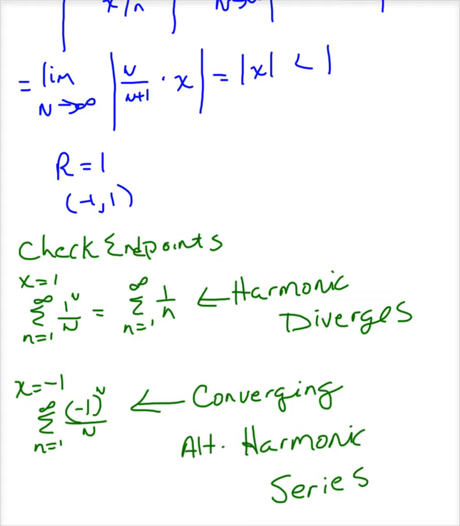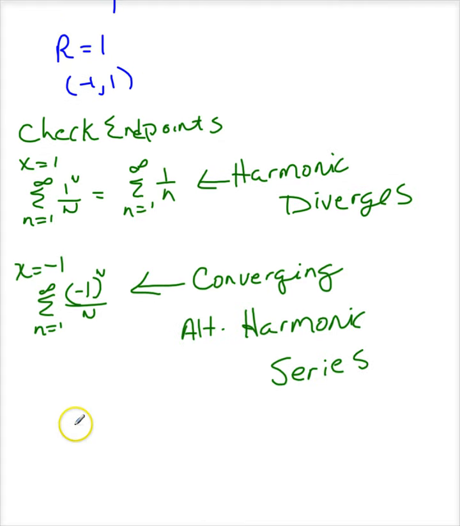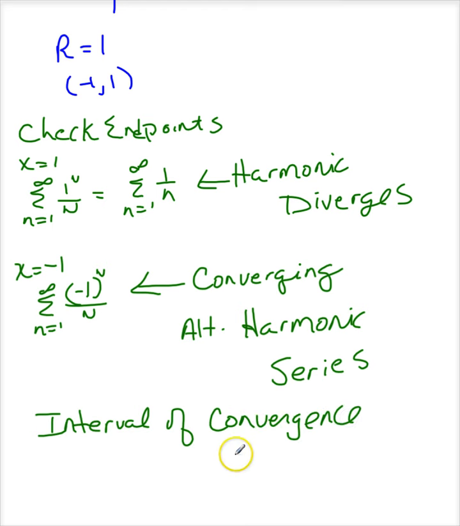So my interval of convergence in this case is: I'm going to include -1, but not include +1. And the radius of convergence is 1.